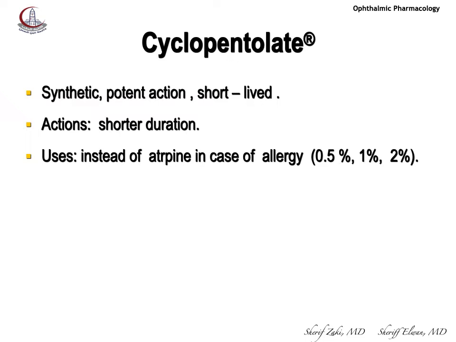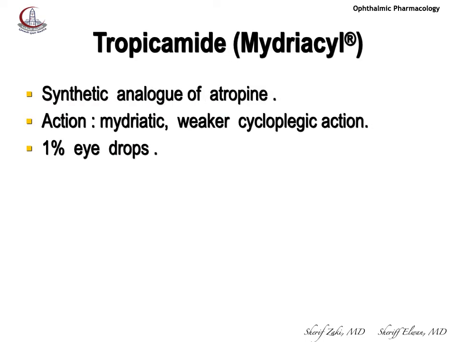It has the same uses of atropine, but better in cases of allergy to atropine. Tropicamide, the well-known commercial preparation Mydriacyl, is a synthetic analog of atropine, again, with mydriatic action, with a weaker cycloplegic action, and available as 1% eye drops.